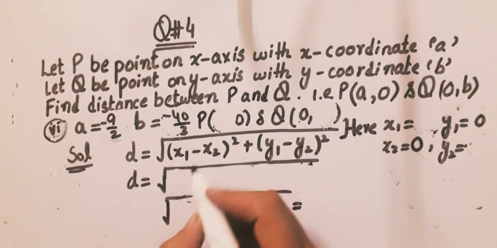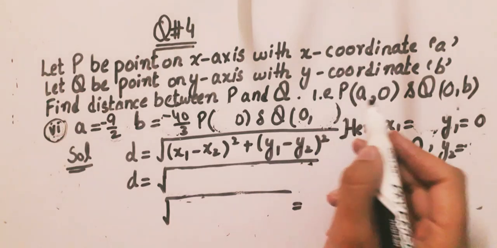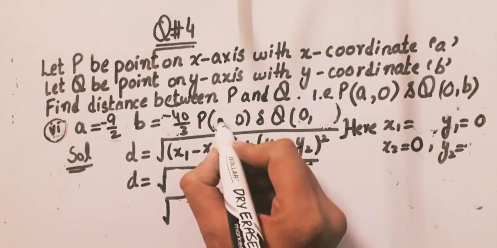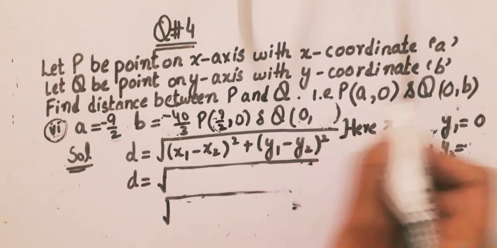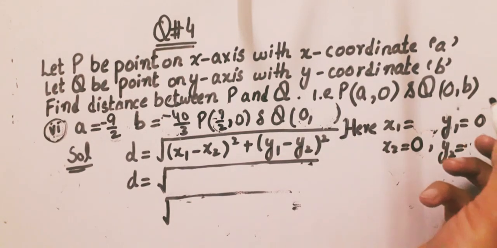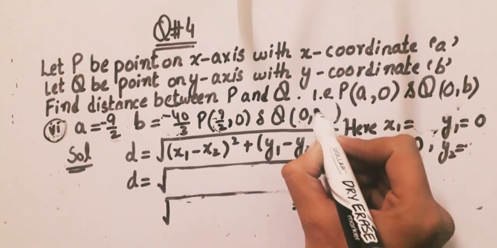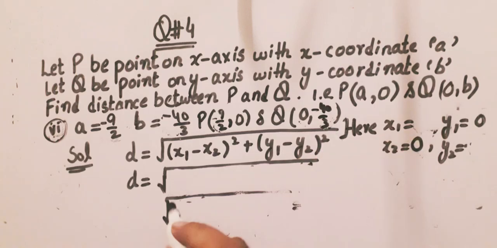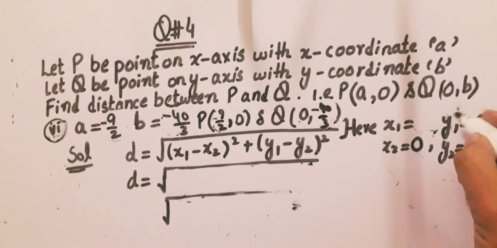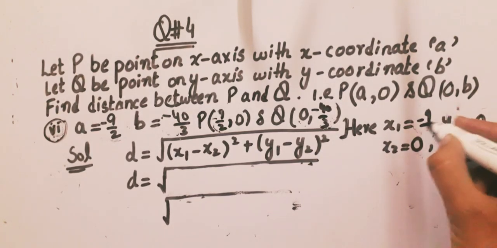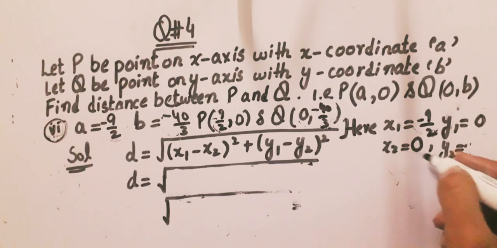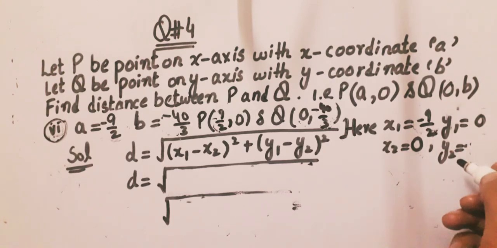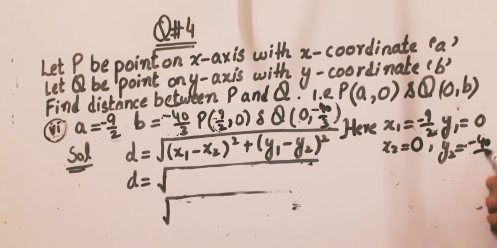Now point P has coordinates A and 0, means -9 by 2 and 0, and point Q has the coordinates 0 and B, so 0 and -40 by 3. So x1 is minus 9 by 2 and y1 is 0, x2 is 0 and y2 is equal to minus 40 by 3.